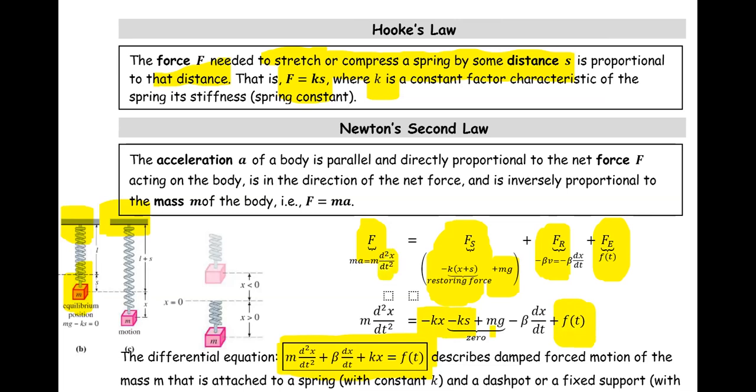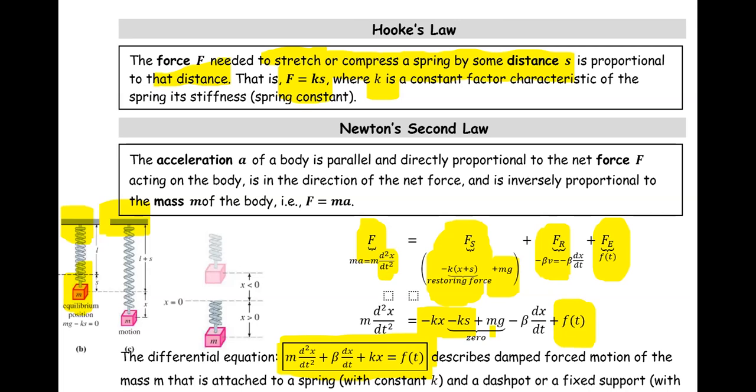A is the acceleration, so m x double prime plus beta x prime. Beta is the damping coefficient based on the fixed supporter. K is the spring constant. When you rearrange the terms, all the negative terms on the right hand side go over to the left hand side.